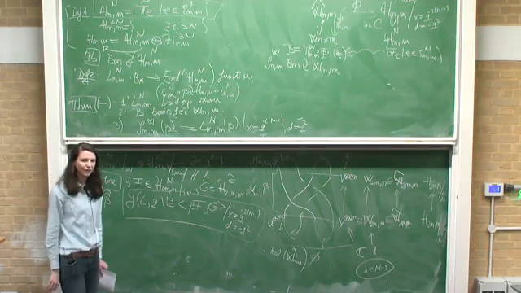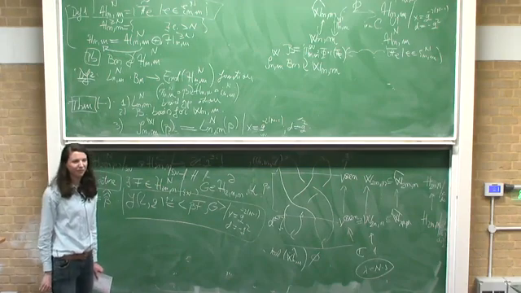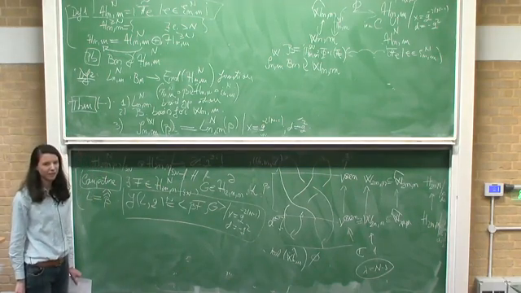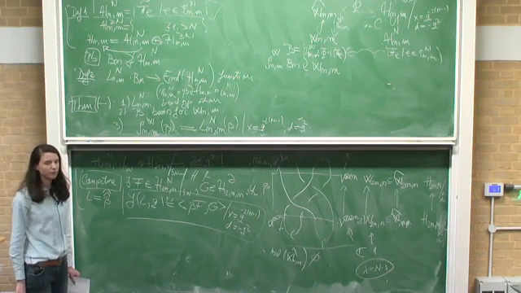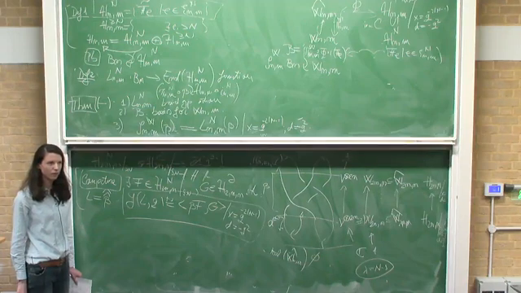My other question was specifically about two-bridge knots, so 4-plats.